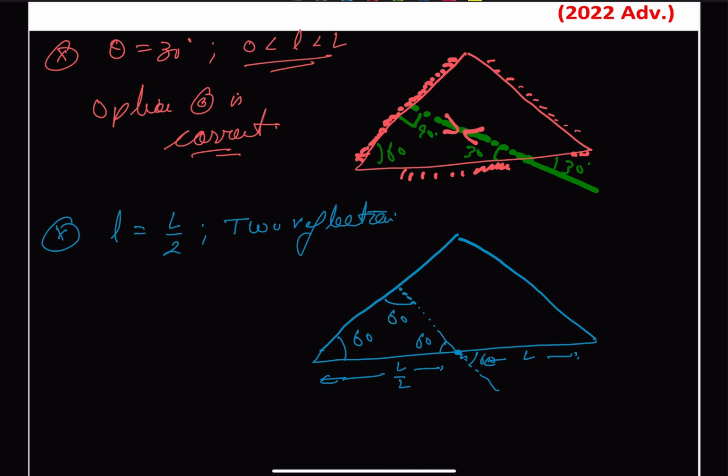Now if we draw a normal at this particular point, then this angle will be about 30 degree, and the ray of light will be reflected in this way, because this angle should also be 30 degree, and automatically this angle will be 60 degree.